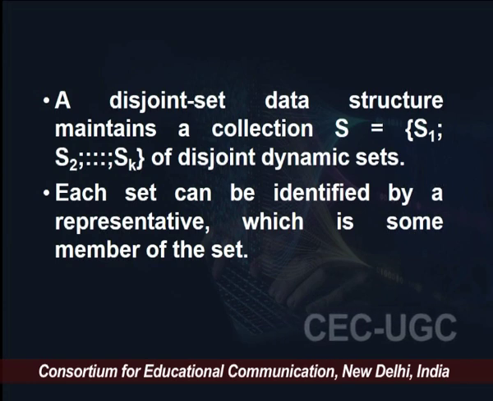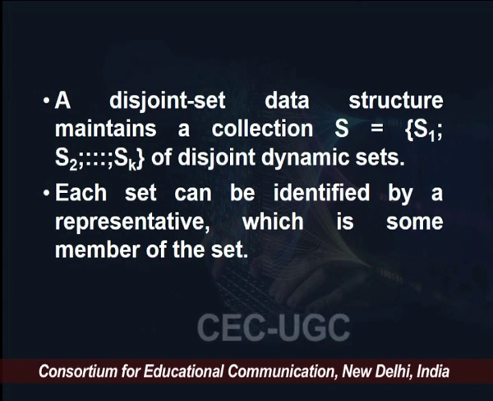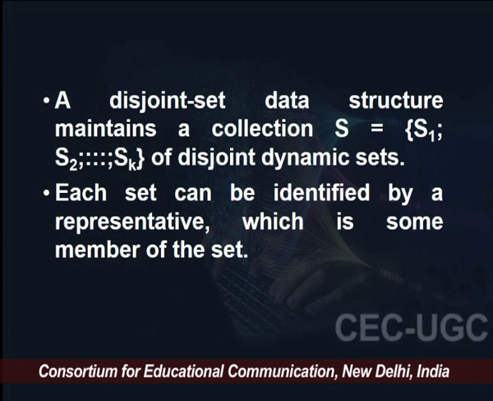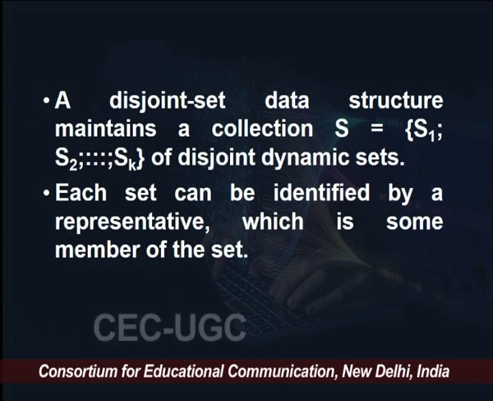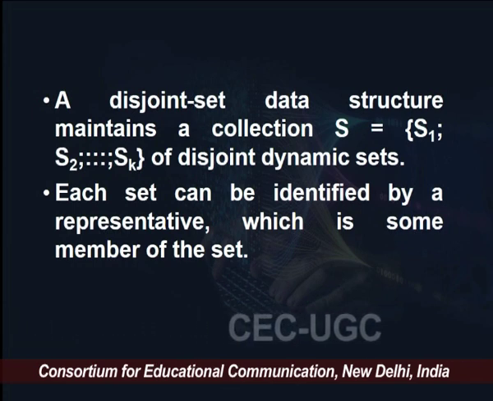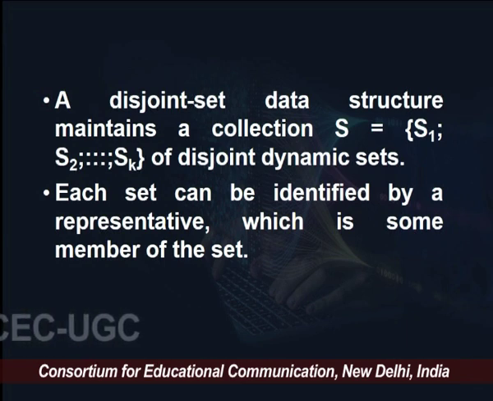When I am using the term disjoint set, it means a data structure which maintains a collection, let us say capital S, and this collection has S1, S2 till Sk, and all these are disjoint dynamic sets. Each element here is a set, and all these sets are dynamic because they keep on changing.